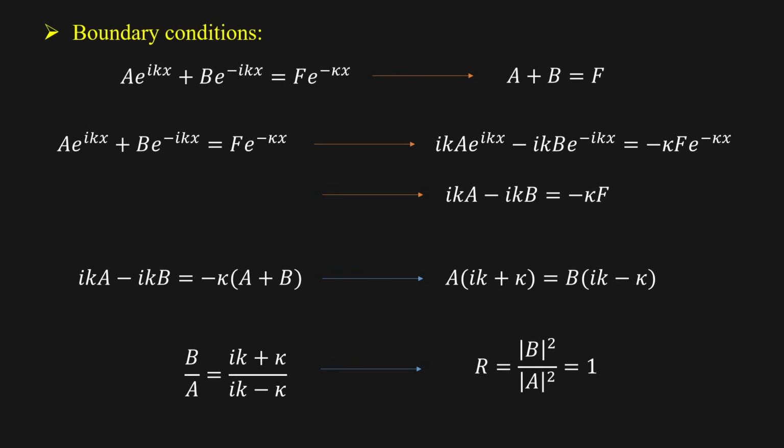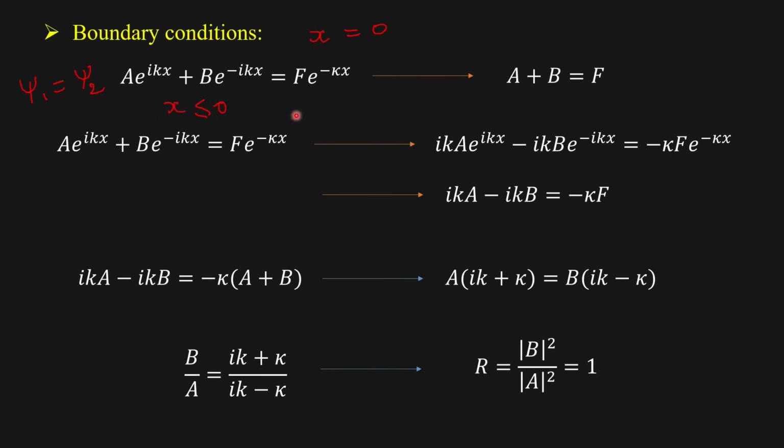Now apply the boundary condition at x equal to 0. The wave function psi 1 must be equal to psi 2. We have seen psi 1, when x is less than or equal to 0, is A e power ikx plus B e power minus ikx.